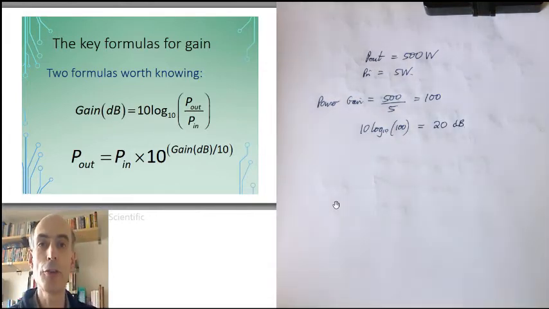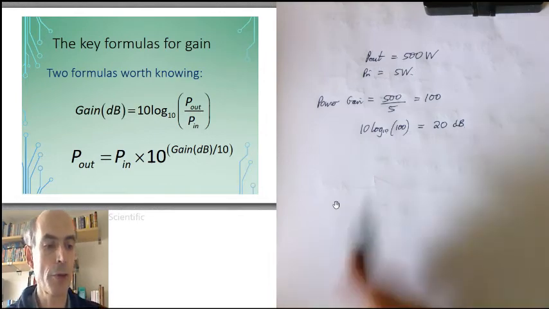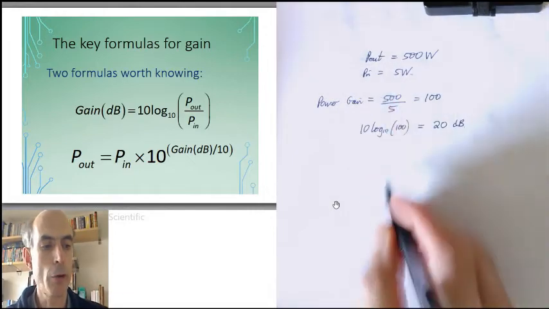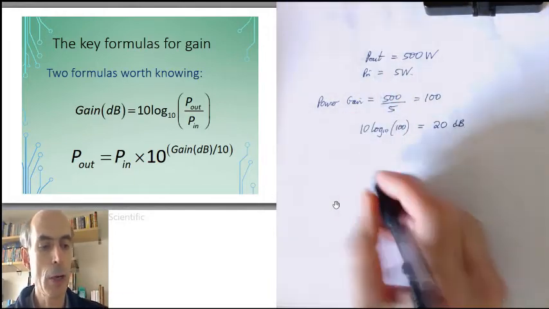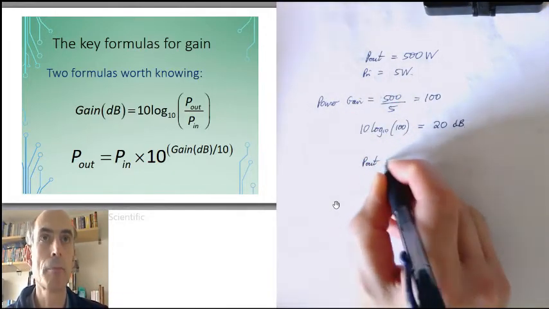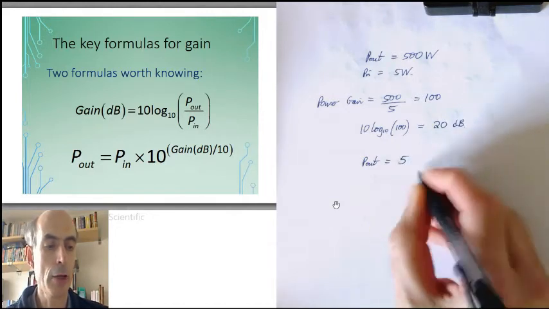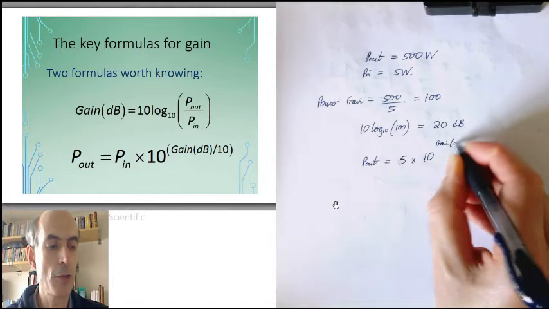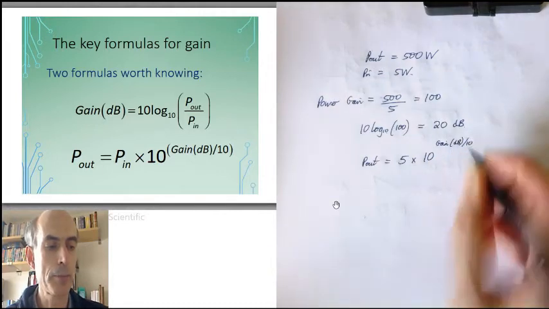I can use the second of those two formulas to work out the output power given the input power. Here we have an input power of 5 watts. So the output power would be the input power, 5 watts, times 10 to the power of the gain in dBs divided by 10.